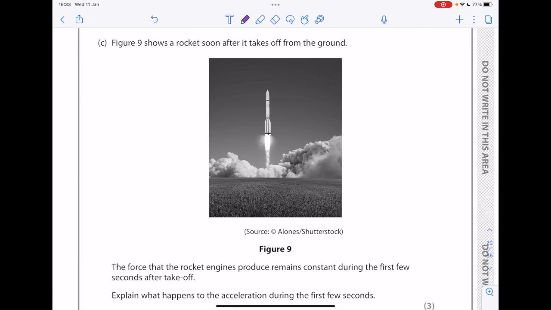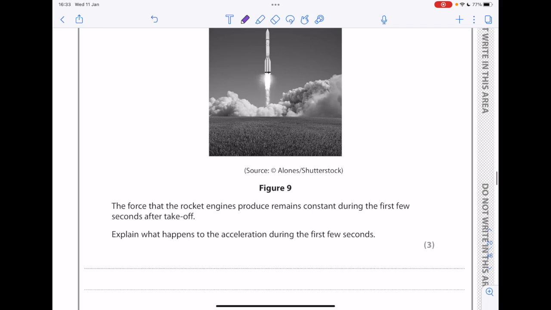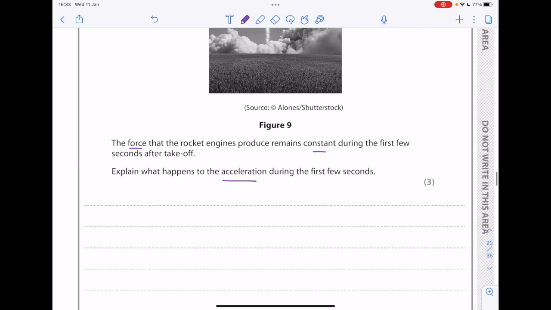Figure 9 shows a rocket soon after it takes off from the ground. The force that the rocket engines produce remains constant during the first few seconds after takeoff. Explain what happens to acceleration during the first few seconds. So we've been told that the force remains constant. We're being asked about acceleration. Hopefully you know that you need this equation, which is force equals mass times acceleration.